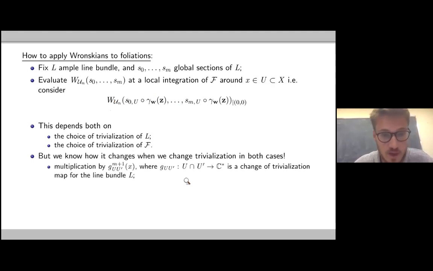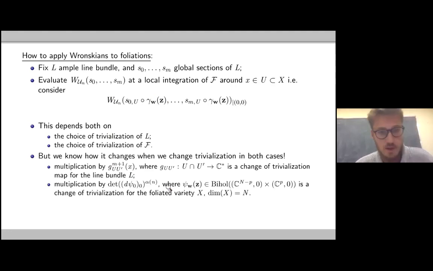As it is geometric, if we change trivialization for the line bundle, it will just be multiplied by this, as we already saw. And if we change chart for the foliation, if it's the change of chart map, then it will be multiplied by this. And this is because of the second fundamental property of this Wronskian that we described earlier.